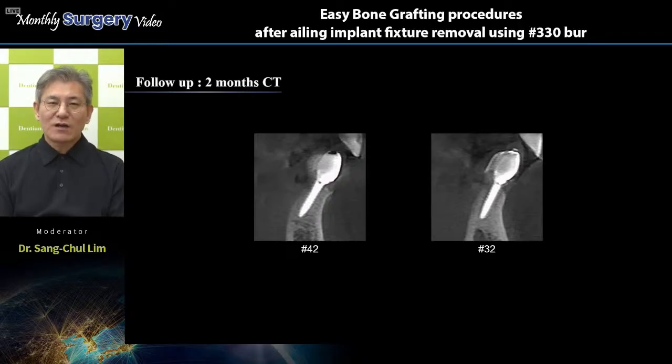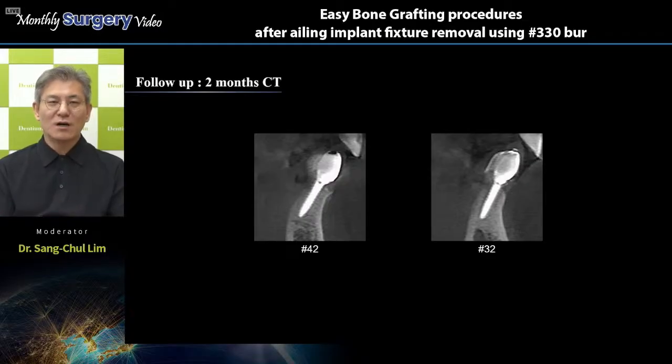So, what do you think about the diameter? As you know, 3.3 internal connection type is the minimum fixture diameter, and sometimes in special cases we use 2.8 millimeter. However, 2.5 or even 2.0 is not available in your clinic with those systems, so you cannot use a diameter smaller than the narrow diameter of 3.3 or 3.5, right?